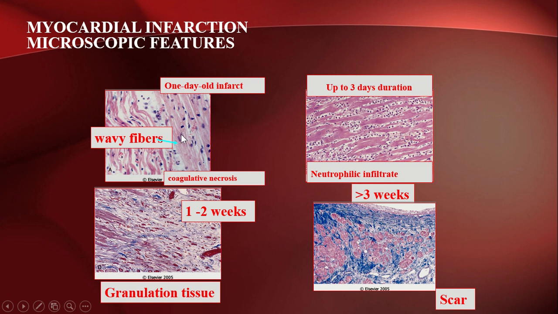We see the wavy fibers and the coagulative necrosis. Up to 3 days, as we saw in the previous slides, there is neutrophilic infiltration; at 1-2 weeks, the formation of granulation tissue; and finally, the formation of scar tissue.